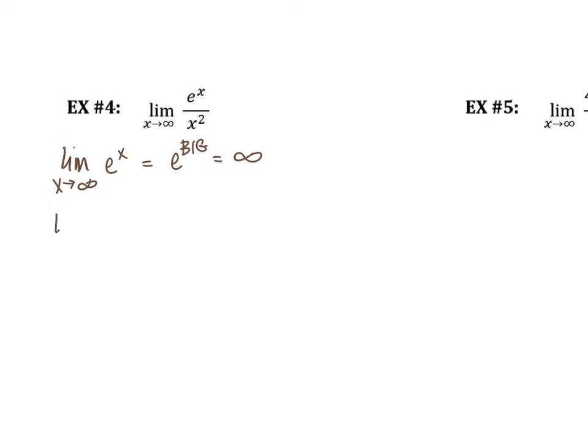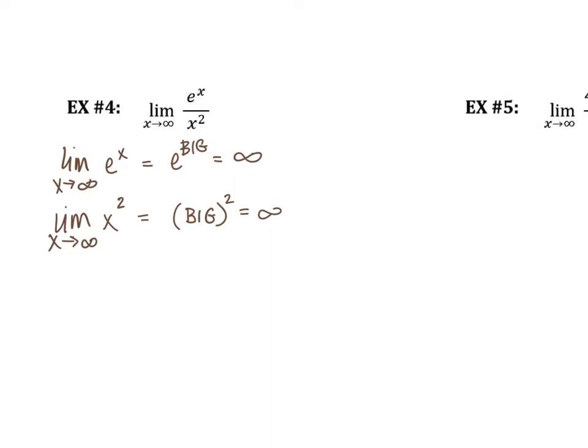And then the bottom part, we have the limit as x is approaching infinity of x squared. And again, that's going to be a really big number, and then you're going to square it, so that is also approaching infinity. So we now have L'Hopital's rule where we would have infinity over infinity.